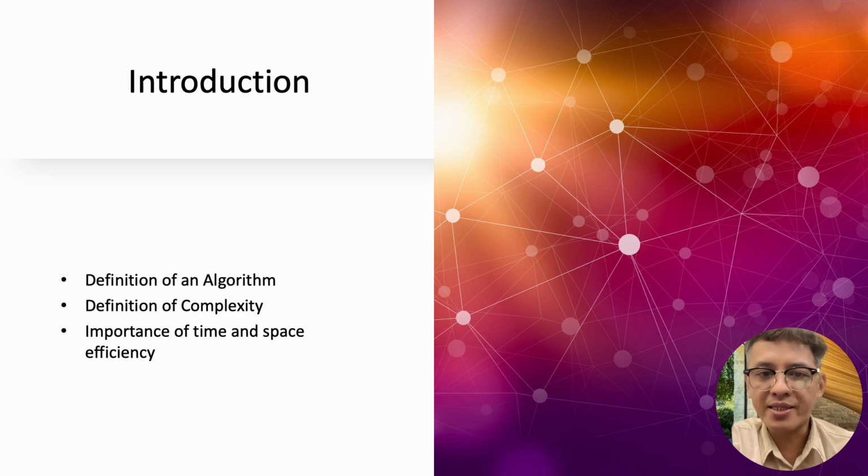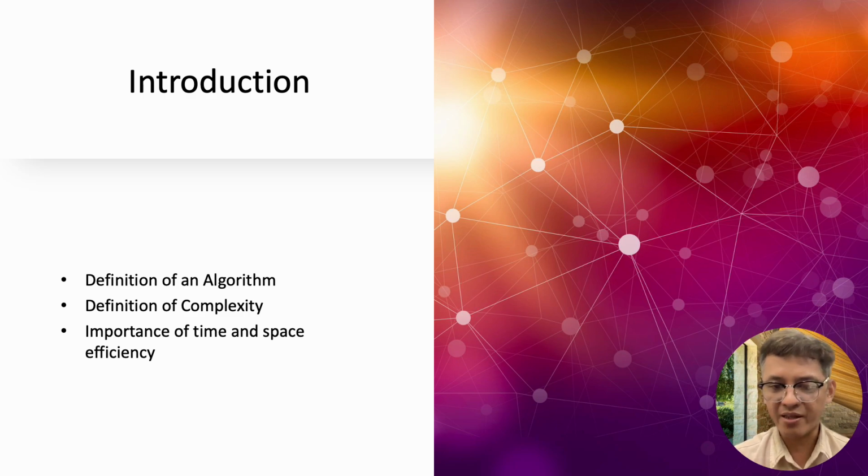So, when we say that an algorithm is efficient, we mean that it solves the problem quickly and uses as little memory as possible. Understanding these two concepts, algorithm and complexity, is crucial in determining which solution is best for a given problem.